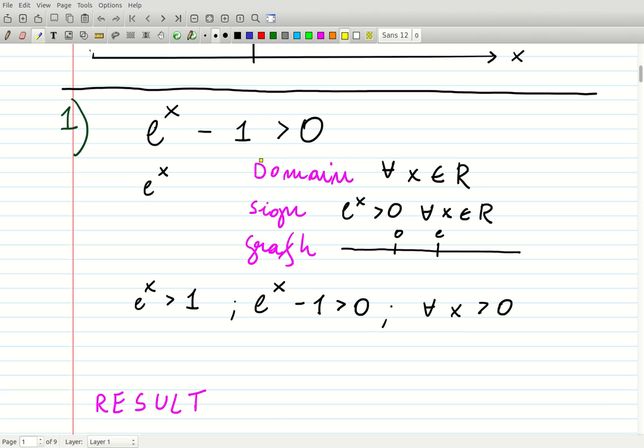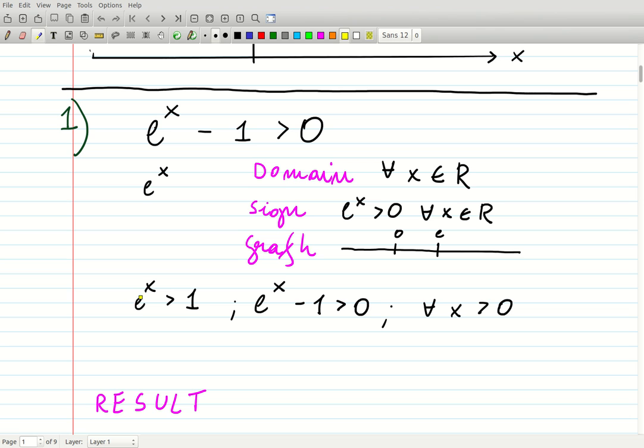Continue our study and look at a little more complicated function, e to x minus 1 greater than 0. This study is quite simple. The domain is every real number. We know the sign of e to x. It's always positive for every real x. But now we have to subtract 1.